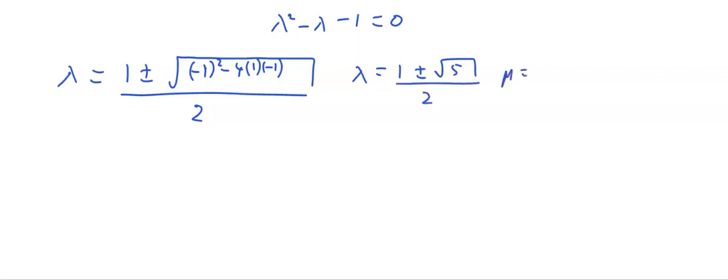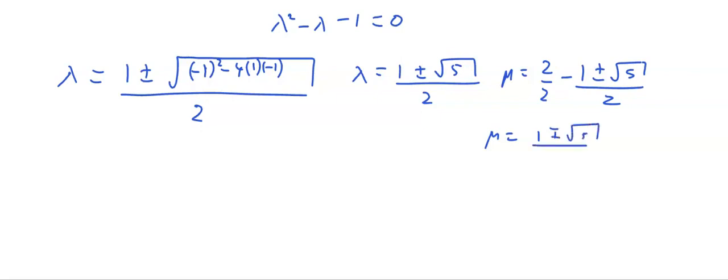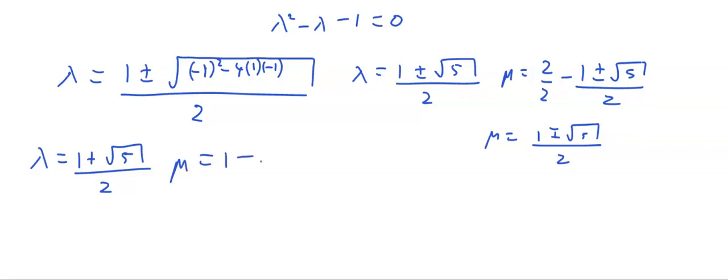And mu will equal 2 over 2 minus (1 plus or minus root 5 over 2). And so mu will equal 1 minus or plus root 5 over 2. And so we can choose it this way. Lambda equals 1 plus root 5 over 2. And mu equals 1 minus root 5 over 2.